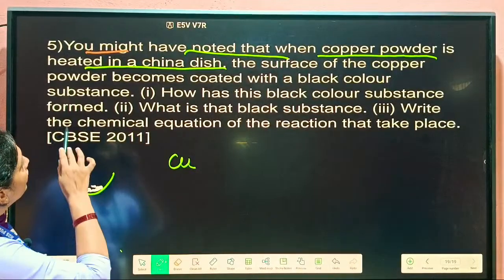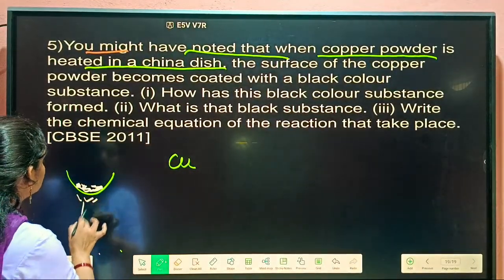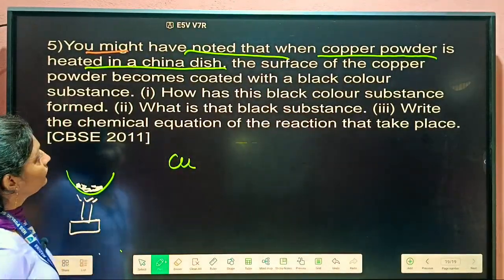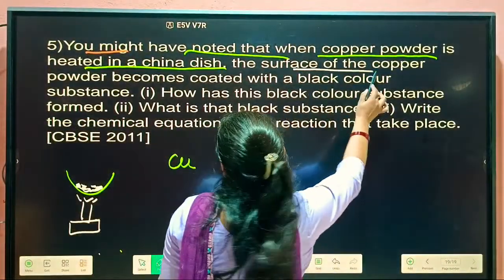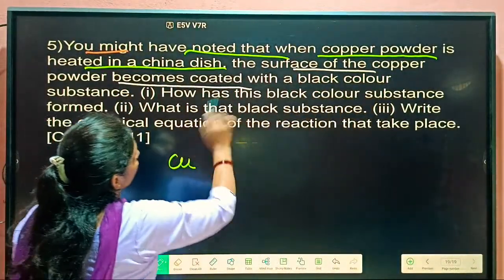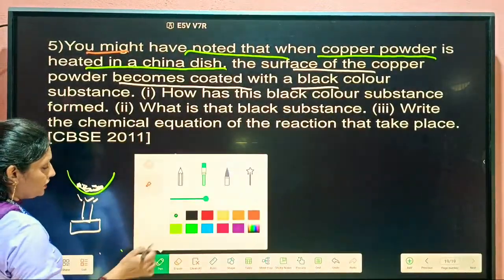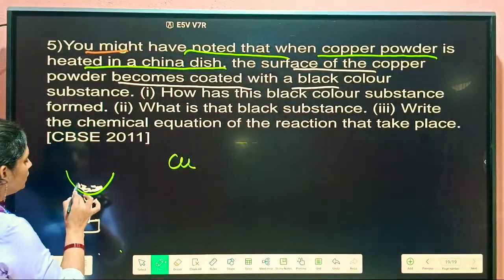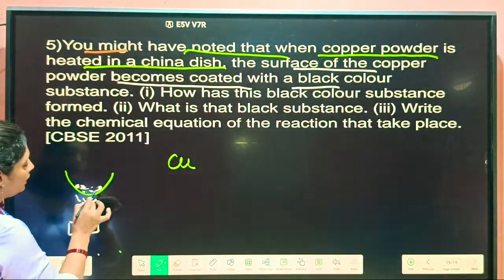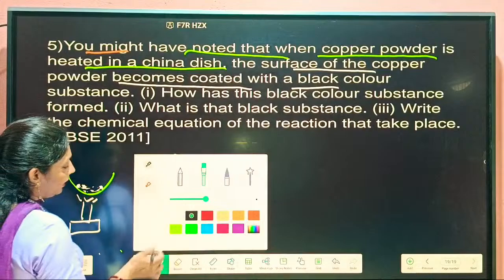If you heat this, the surface of the copper powder becomes coated with a black color. Then what will happen, students? The surface of the powder will be coated with the black color.